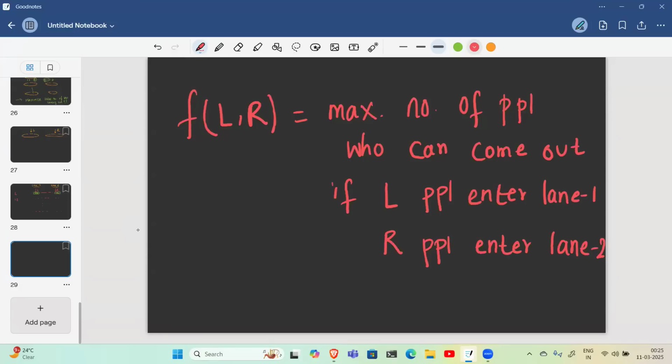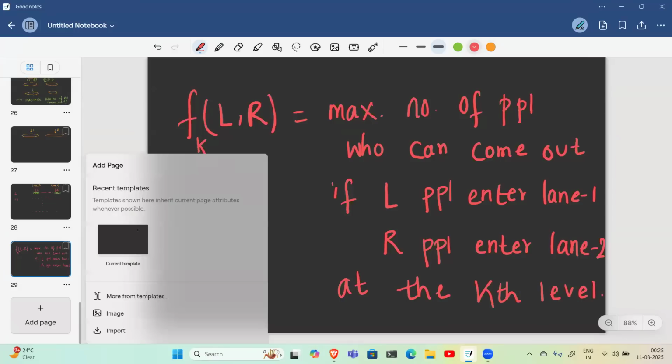We also need to ensure which level we are talking about, so let me call it Fk. So Fk of L comma R is the maximum number of people who can come out if L people enter lane 1 and R people enter lane 2 at the kth level.